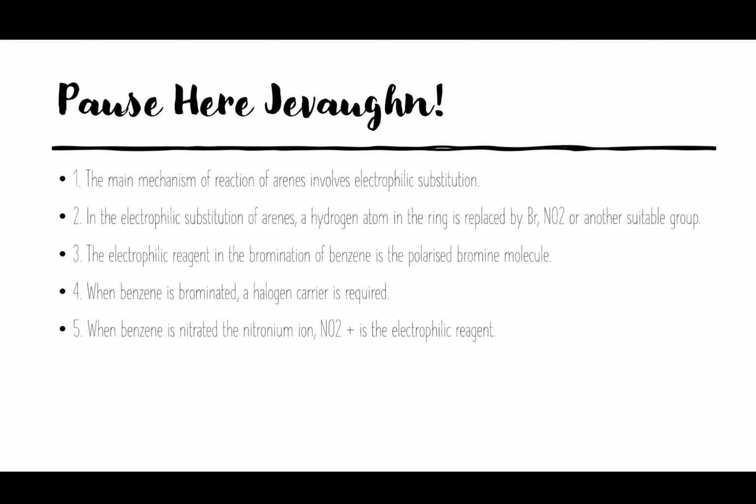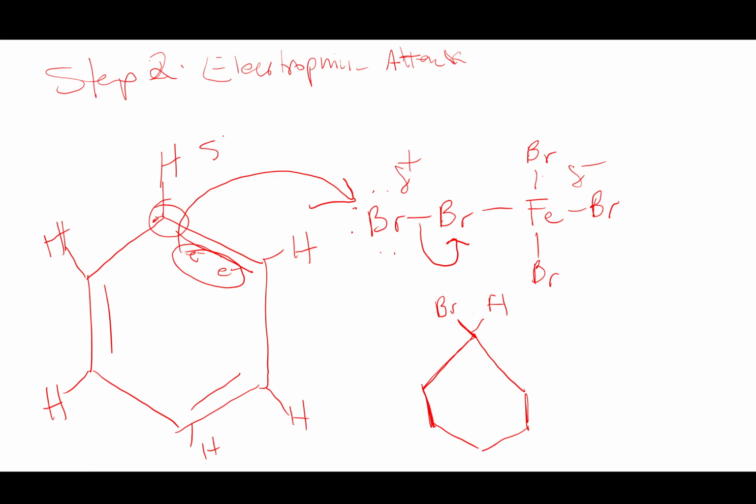Okay. So what I'm trying to explain now is that this carbon here, where the bromine added, is sp2 hybridized. But when we add a fourth group to it now, this is now sp3 hybridized. What it does now, it breaks the conjugation of the ring. So we have a positive charge.